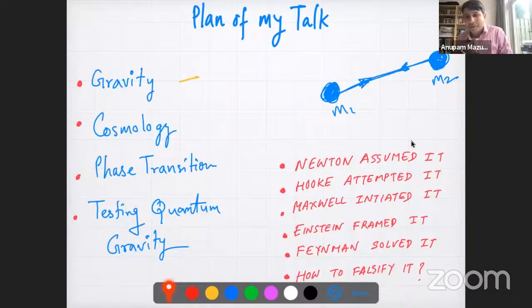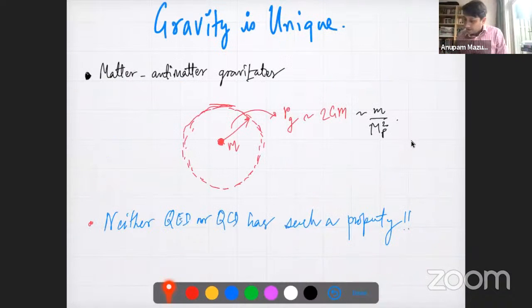You can read through it, and perhaps you will understand why this remains a hard question to tackle, which has a history of more than 350 years now, perhaps close to 350 years. So gravity is unique, in the sense that no other interaction of nature has this unique feature.